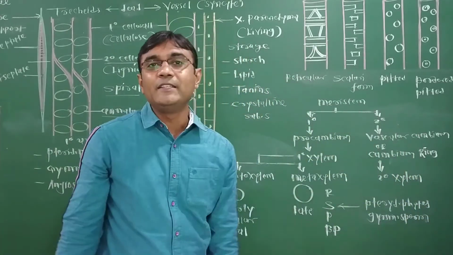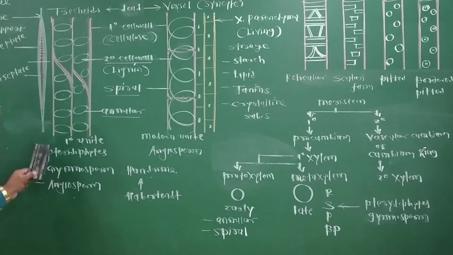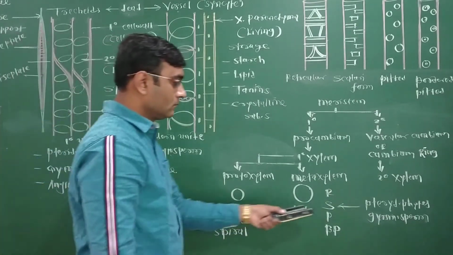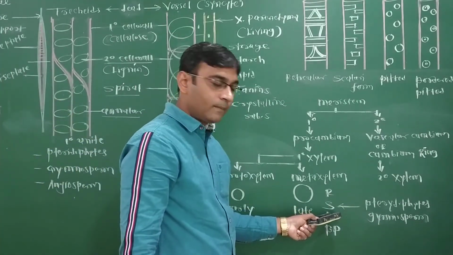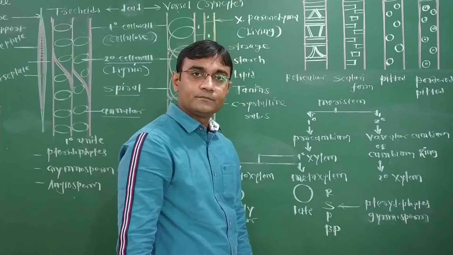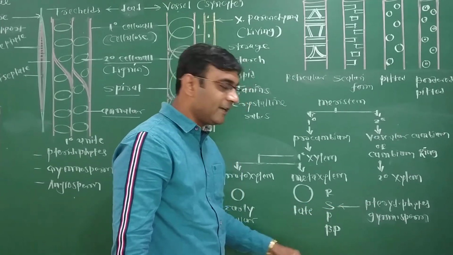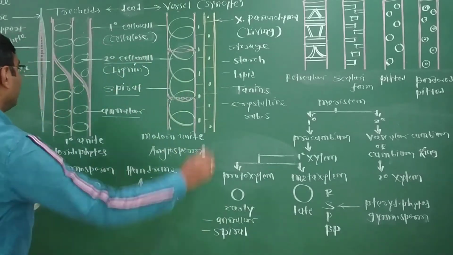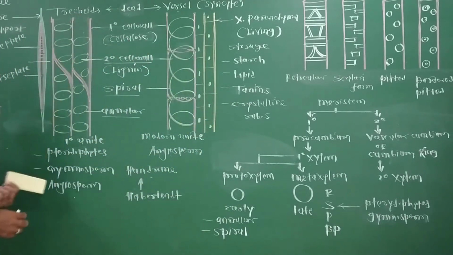Bordered pitted is also in gymnosperms, especially in tracheids, on which wall? Their end wall. Scalariform thickening is present in pteridophytes and gymnosperms. Bordered pitted is present in gymnosperms, especially in the tracheids in their end wall.